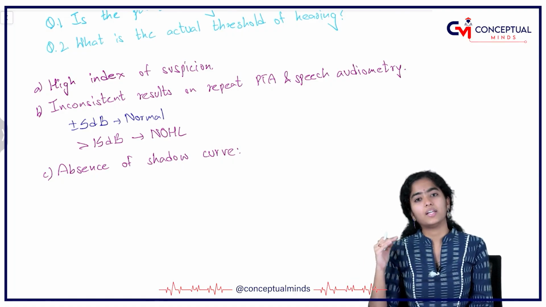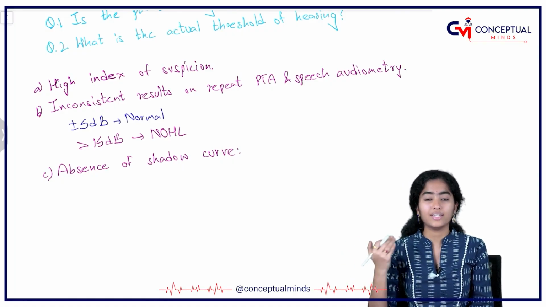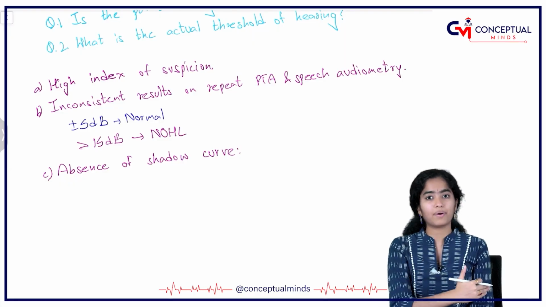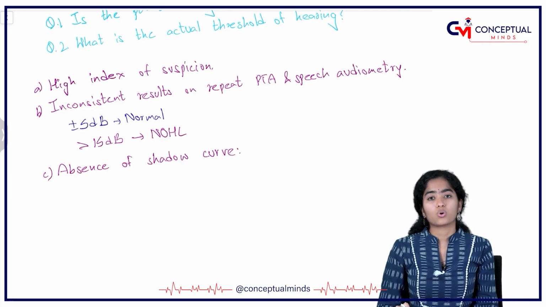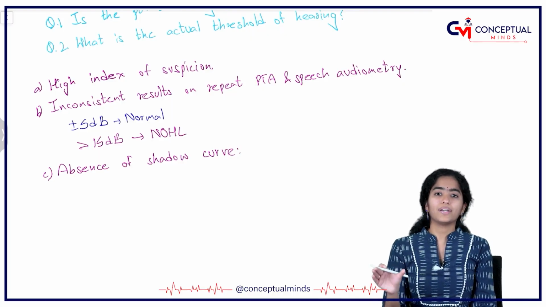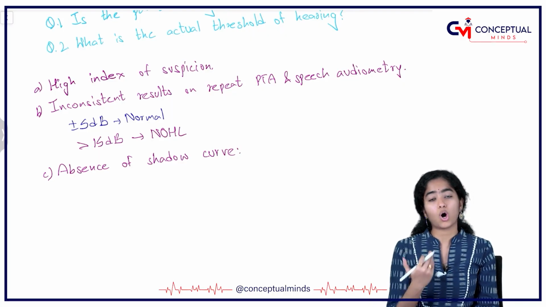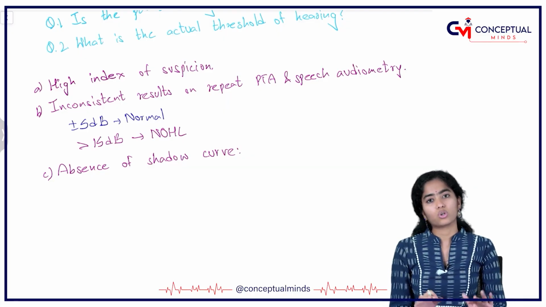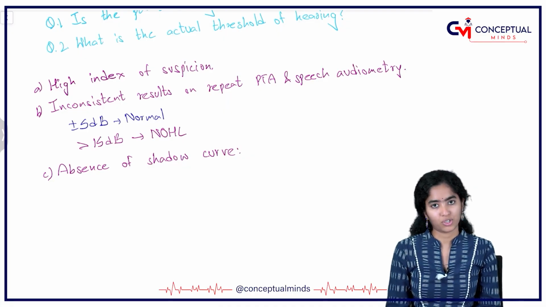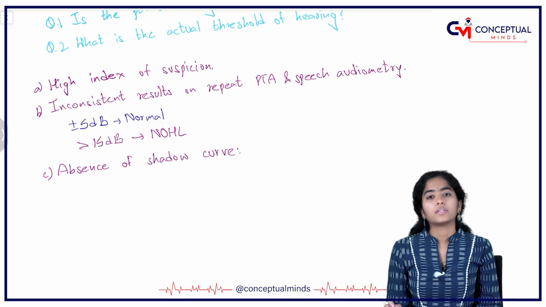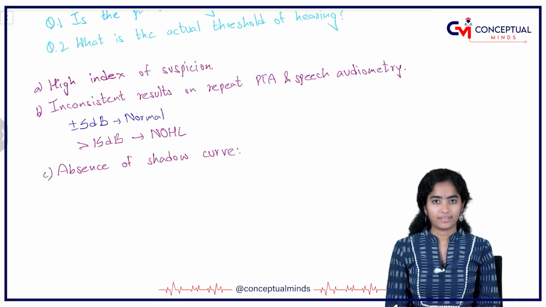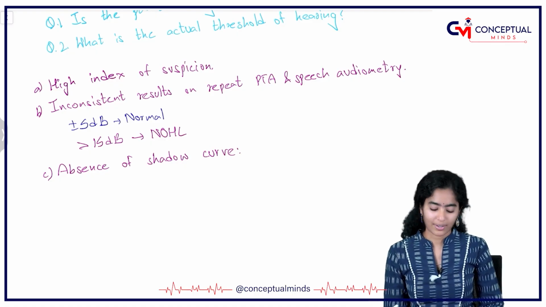But because he is deliberately saying he cannot hear, even though the sound is being picked up by the opposite ear, the patient says, no, I cannot hear anything. So, a shadow curve which was normally supposed to appear because of the opposite healthy ear, that also does not appear in this patient. Though you do not mask the opposite healthy ear, the patient still cannot hear anything, and so there is no shadow curve.